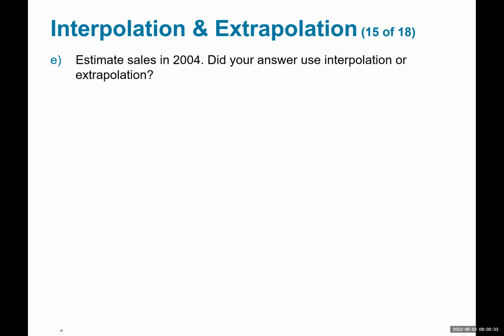Our last concept, I think maybe second to last concept, is interpolation and extrapolation. These words sound so large and so confusing, but they're super simple. Interpolation, extrapolation. This is inside of the data. This is outside of the data.